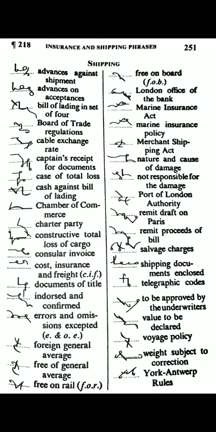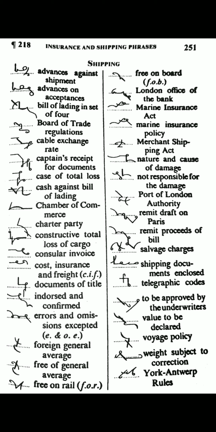To be approved by the underwriters. To be through the line, approved per halved with V hook is used here, and for underwriters, disjoined upward R doubled with S circle is used here. Value to be declared. To be through the line is used, intersecting it with V at the beginning for value, and cull downward R second halved for declared is used here. Voyage policy.